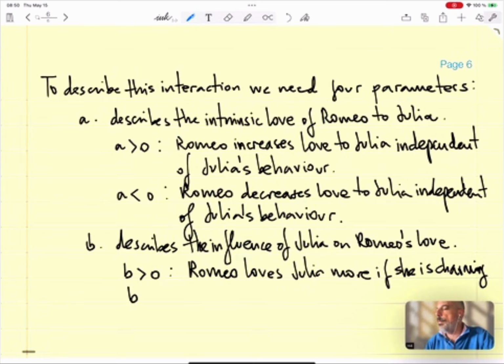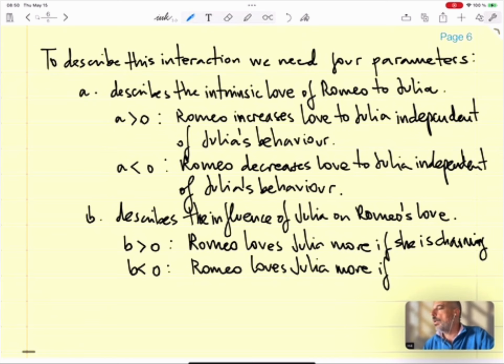If B is less than 0, Romeo loves Julia more if she rejects him. So some people fall in love with others that are charming. Some people fall in love with others that are assholes. Okay?